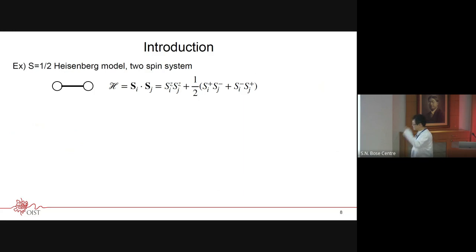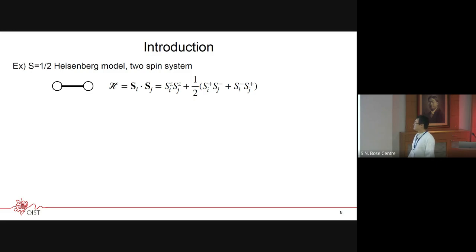So let's see the situation with the simplest model. I will first show the exact diagonalization. How should we exactly diagonalize this simplest model, a simple Heisenberg model on a two-spin system? Here, each circle is a lattice site, and spin-half degrees of freedom are localized on each site. The black bond means the interaction between the spins.